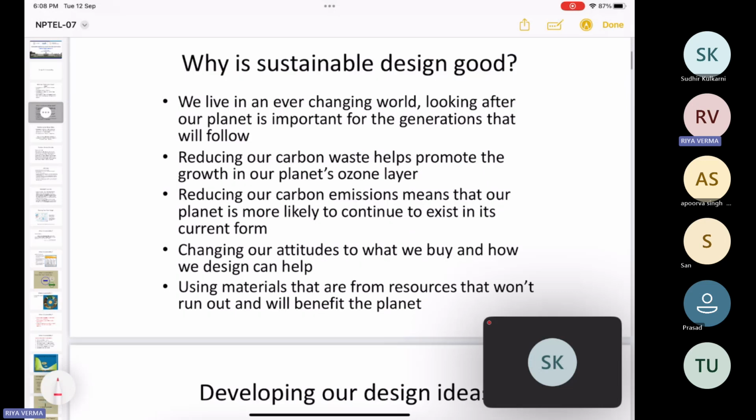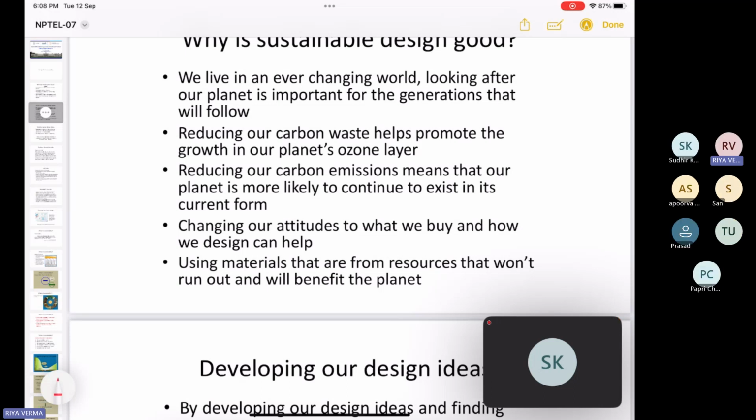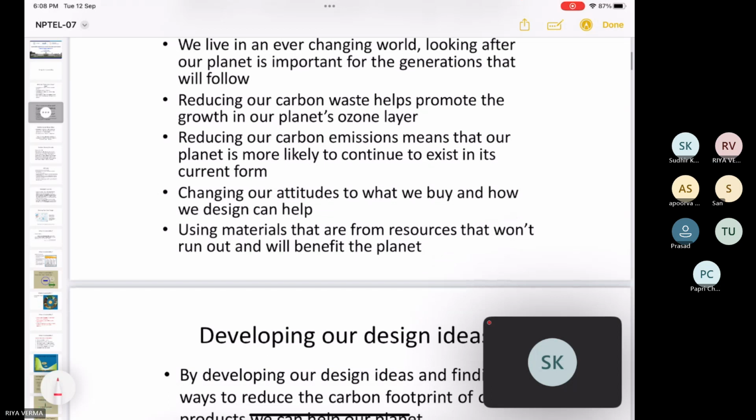And further, changing our attitudes to what we buy and how we design can help. We should always try to buy products that we need, not just for the sake of buying them. We should consider the fact that, do we really need the product? Only then should we buy it, because that is how we can reduce a lot of wastage in the environment.